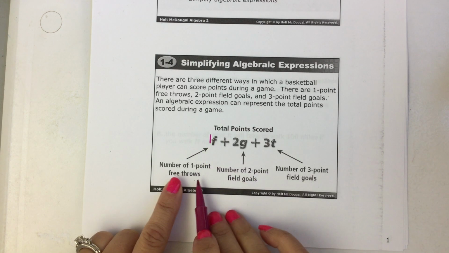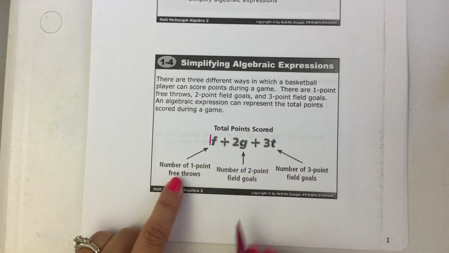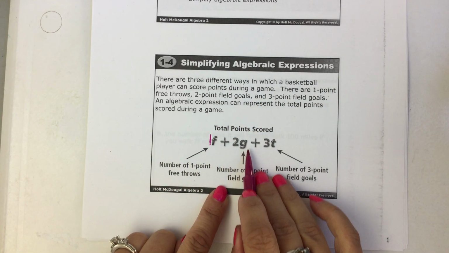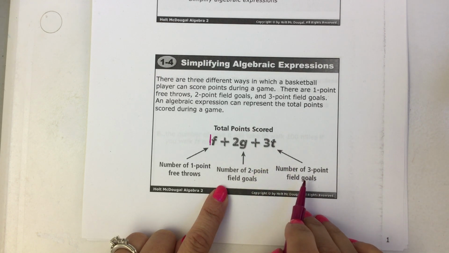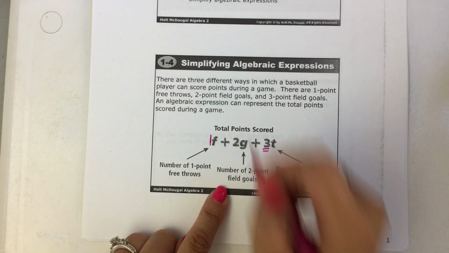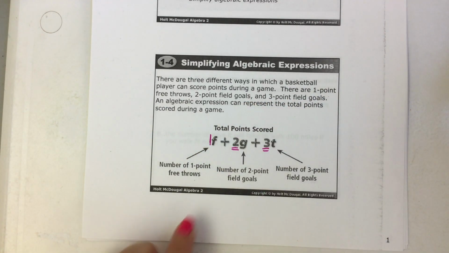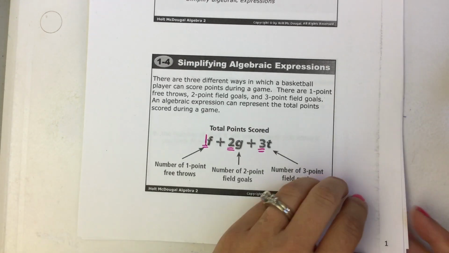So just an F for our free throws, that is the same as 1 times F, plus 2 times the number of 2-point shots, plus 3 times the number of 3-point shots. This is a 3 because it's worth 3 points. This is a 2 because it's worth 2 points. This is an unwritten 1 because those shots are worth 1 point.